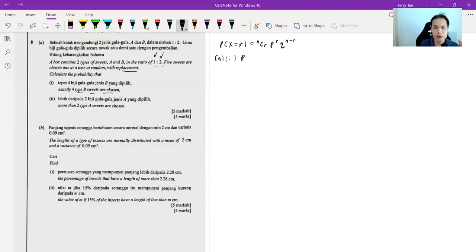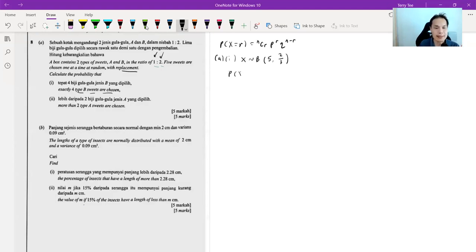That means the probability of getting type B, maybe I write in this form. Although it's not necessary for you to write this, this is a notation. X follows a binomial distribution. Your n is 5 because I'm choosing 5 sweets at one time. Your p is the probability of getting sweet type B, so it's 2/3.